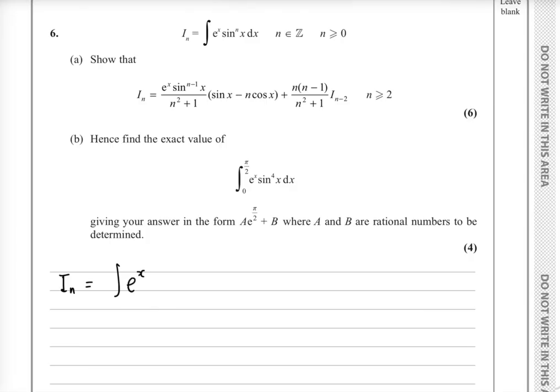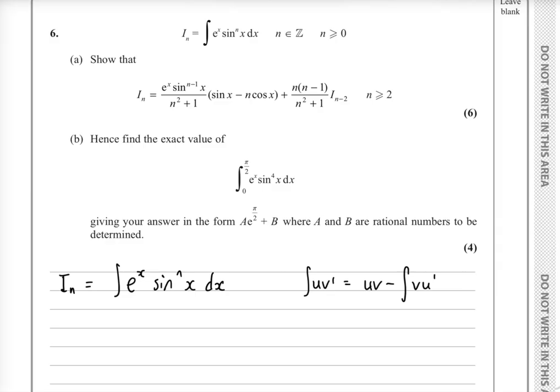Integral e to the x sine nx dx, and in this case the integration by parts formula will help. The integral of u v prime is equal to uv minus the integral of v u prime, and the one we definitely want to be differentiating is the sine to the nx.